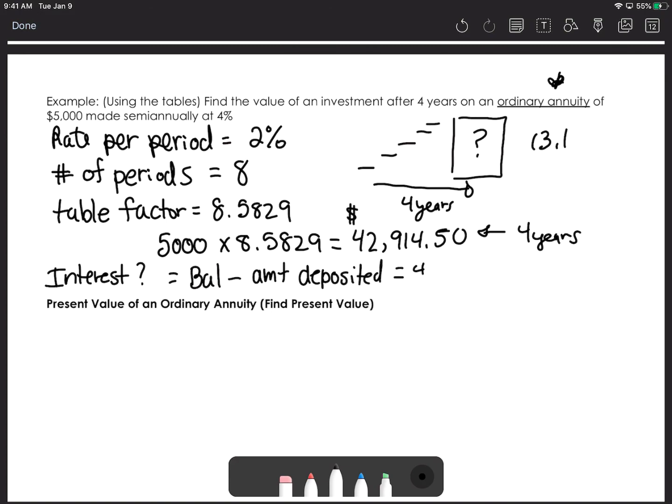So we're going to take 42,914.50 and subtract the amount of money that we put in. Well, how can we figure out how much we put in? Well, if we made payments of $5,000 8 times, because there's 8 periods, that's going to be $40,000. So when I subtract, whatever's left over is going to be the interest. So the interest is going to be $2,914.50.